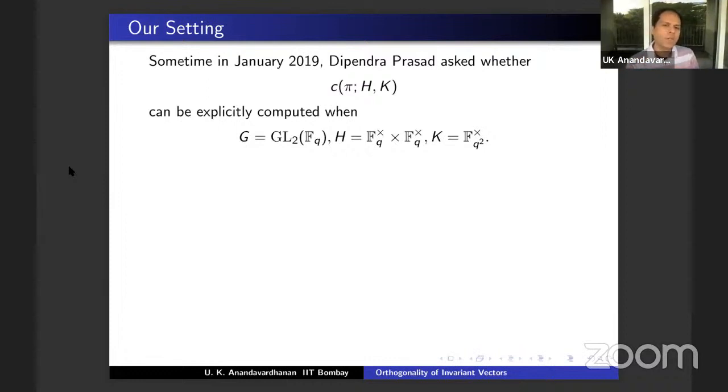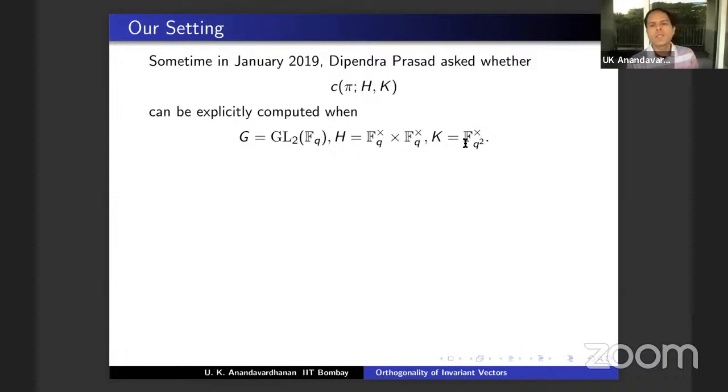So the question was, this is a very famous Gelfand pair. You take a finite field of q elements, q a prime power, and you consider GL2 of Fq, a simple enough group, and you take the diagonal torus, so (a,b) embedded diagonally, that is, the matrices with a, 0, 0, b sitting inside this. And then one knows that H is a Gelfand subgroup of G. That's not difficult, and anyway, it's well known.